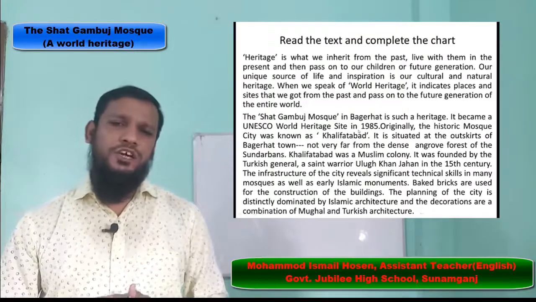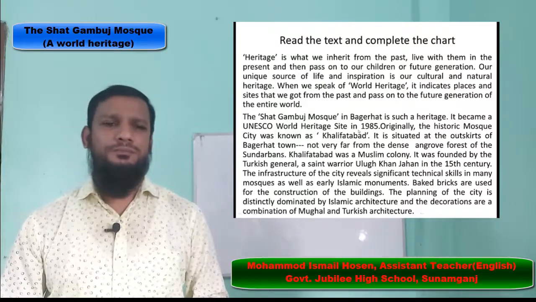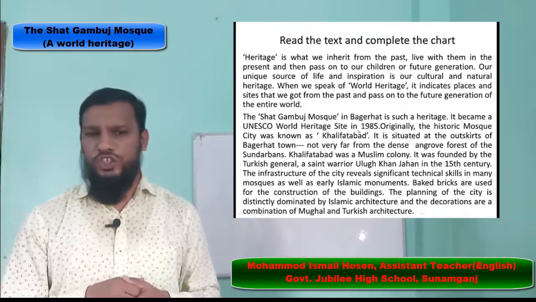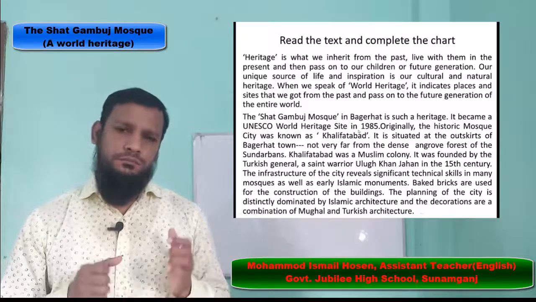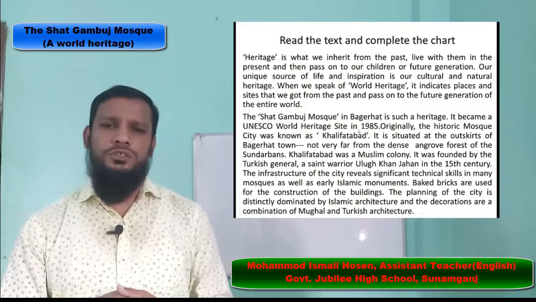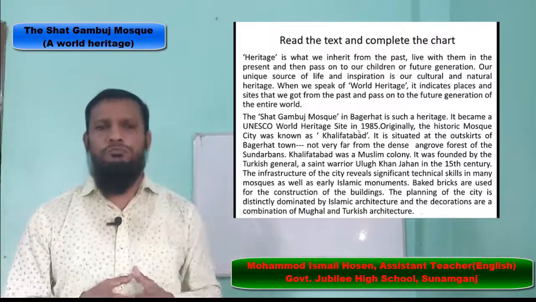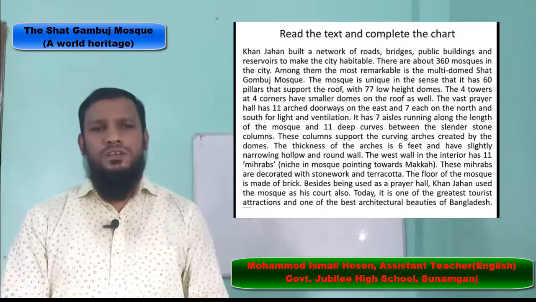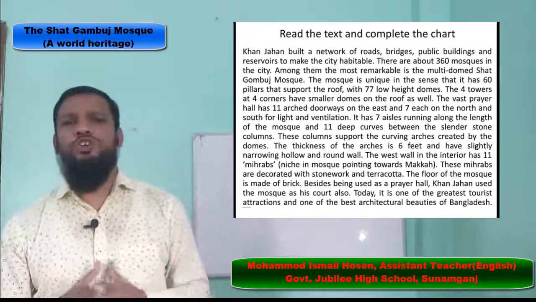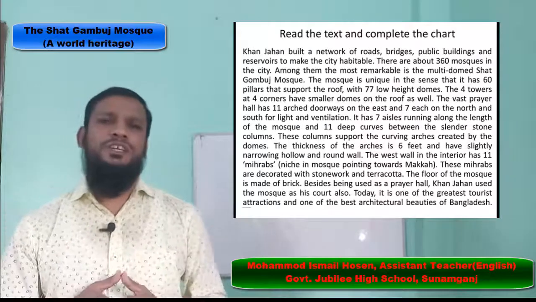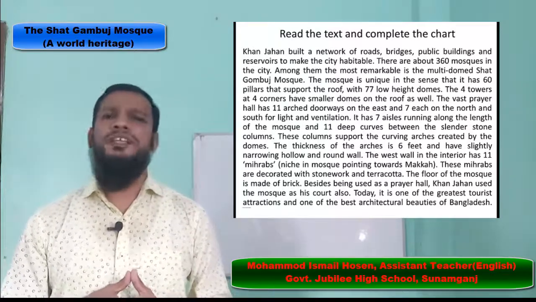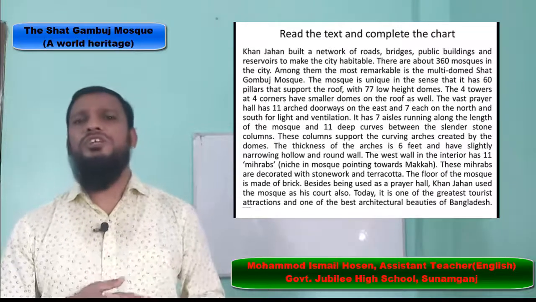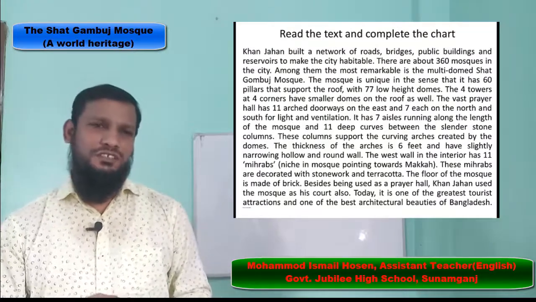The planning of the city is distinctly dominated by Islamic architecture, and the decorations are a combination of Mughal and Turkish architecture. Khan Jahan built a network of roads, bridges, public buildings, and reservoirs to make the city habitable. There are about 360 mosques in the city.